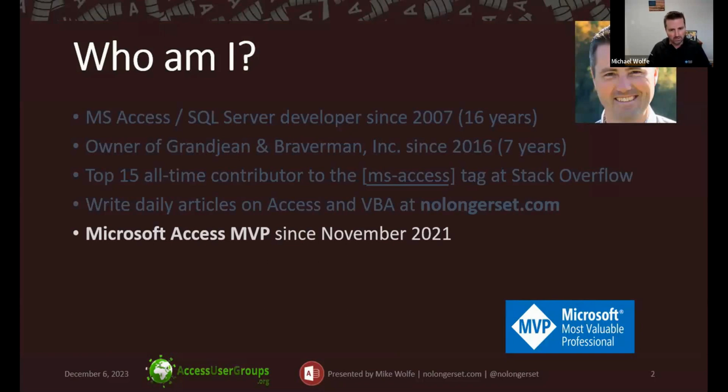I own a small software development company in Northeast Pennsylvania, the United States. One of the top all-time contributors to the MS Access tag over at Stack Overflow. I have to check that before every presentation because I haven't really actively contributed there in about 10 years, but because of the way the algorithm works, I got a bunch of early answers in and it just keeps building the reputation up over years.